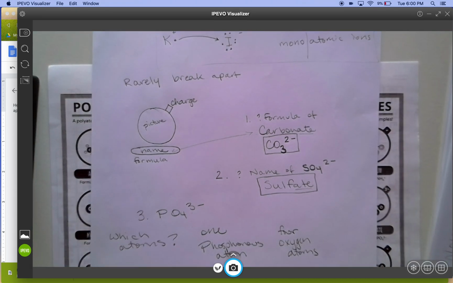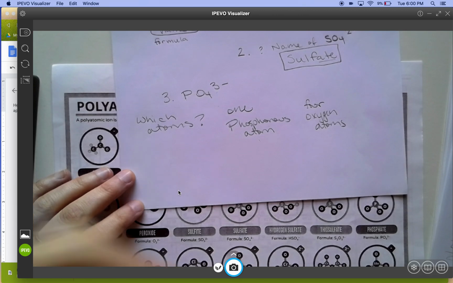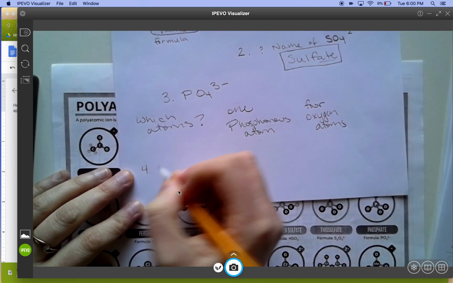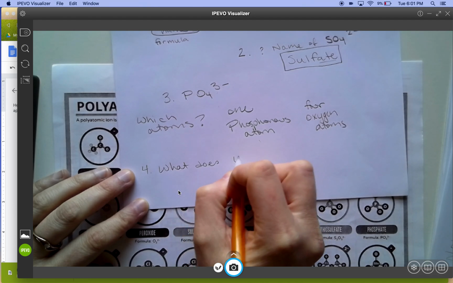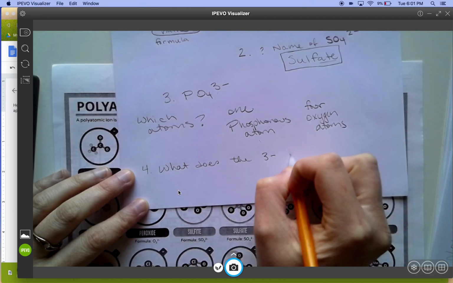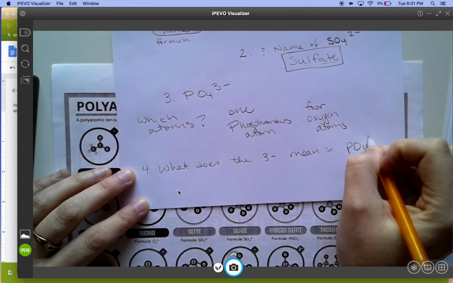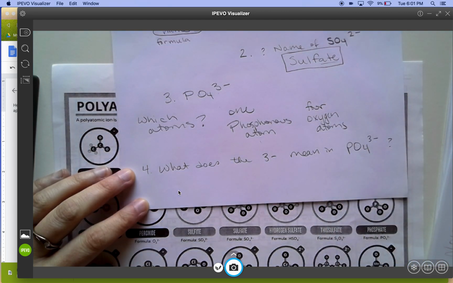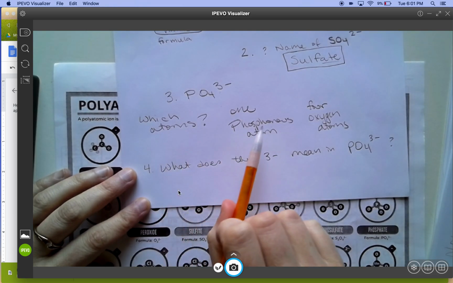And that last question is going to ask us about charge also. Oh, look at that. That last question is, what does that -3 mean? So let's do that too. Your last question there is, what does the 3 negative mean in PO4 3 negative? So we figured out it has nothing to do with how many atoms.